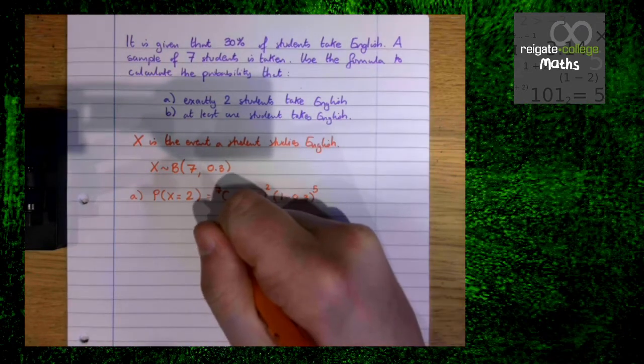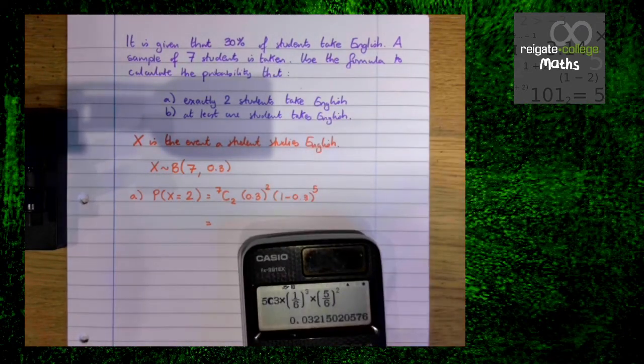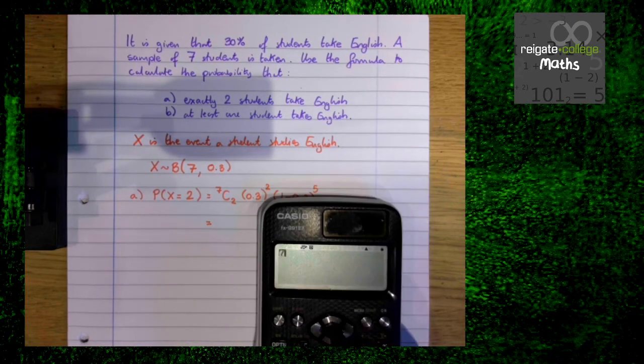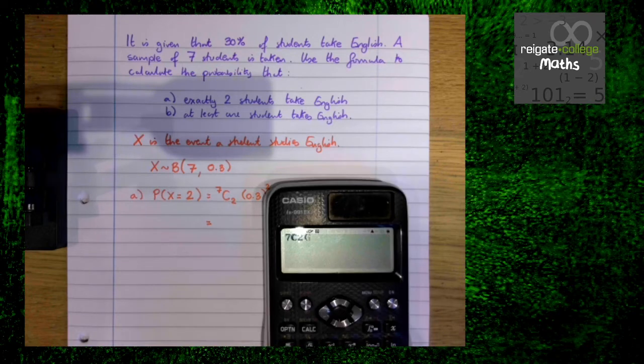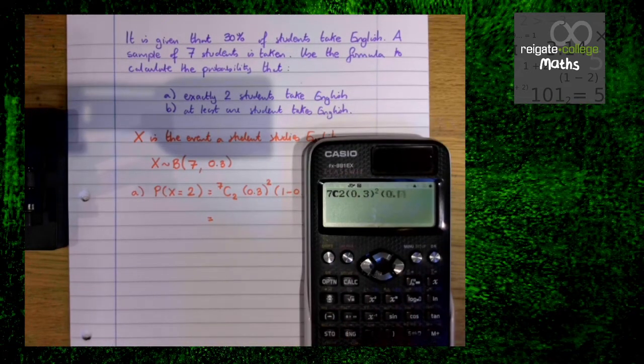Stick this in your calculator and you get the answer. So we've got 7C2 times 0.3 squared times 0.7 to the 5.